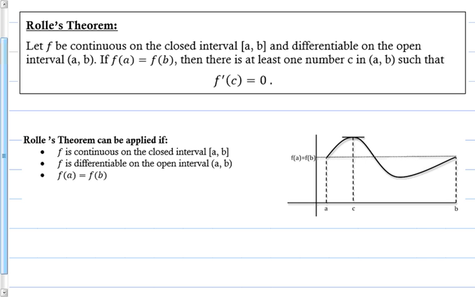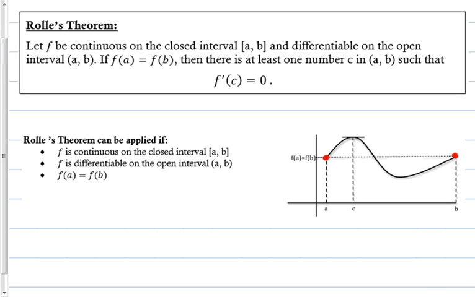For Rolle's theorem to actually work, so basically it's the MVT, but with a special condition: f of a has to equal f of b, which means the endpoints are at the same height. So if you look at this picture, here's f of a, here's f of b, so they're actually at the same height.